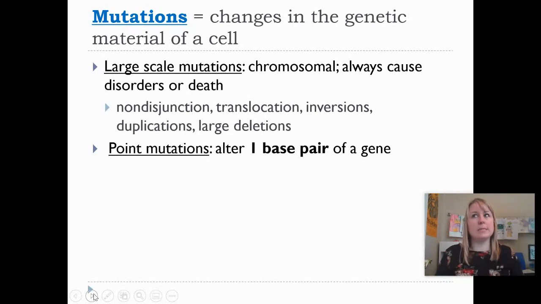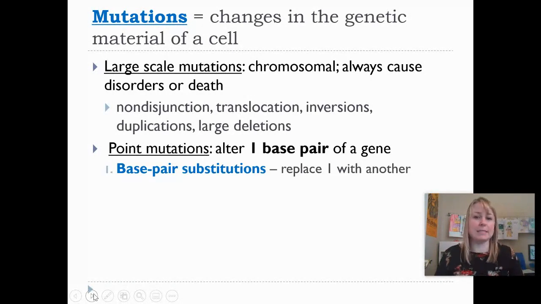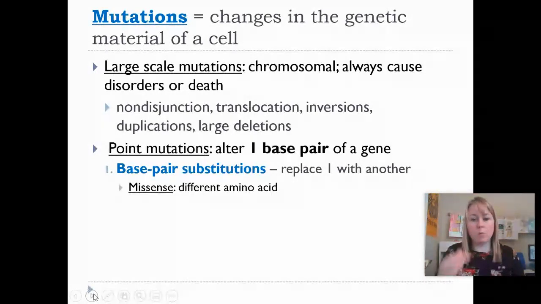Point mutations are the ones that we can track in proteins, however. One base pair that is off can change the final protein sequence. And there's different ways that this can happen. One of them is called a base pair substitution, which is when a wrong nucleotide gets stuck in there with another one. So if a C was supposed to go there, but a U is accidentally put in, or a G gets put in, that means that one amino acid or one codon could be changed.